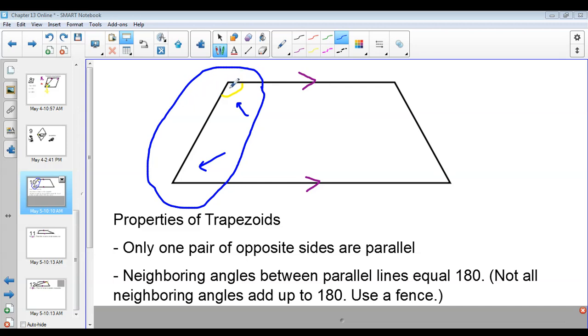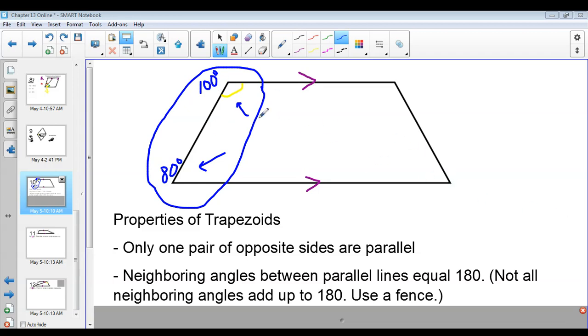So here I have this obtuse angle, here I have this acute angle. Let's call this angle over here, for this example, 100 degrees. This angle over here is 80 degrees. And this is information that we're able to see and understand because they're neighboring angles between parallel lines.